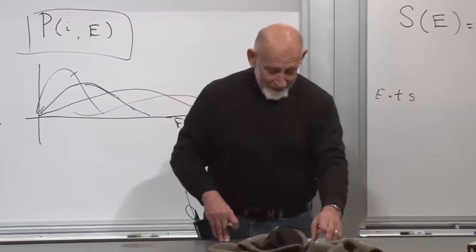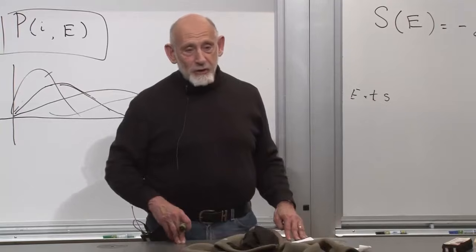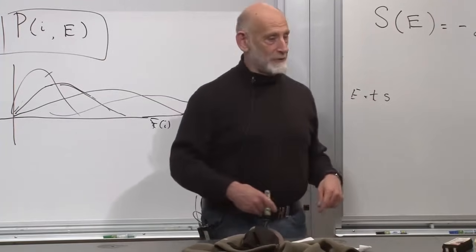How much do you have to shift the energy in order that the entropy changes by 1 bit's worth? And the answer is going to be disappointing, because I'm just going to write a formula on the blackboard which is totally obvious.